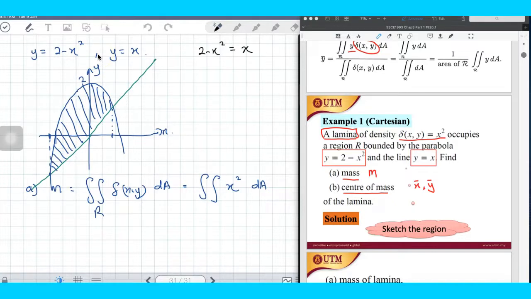Okay, so now we can transform into a quadratic equation where you have x squared plus x minus 2 equal to 0. So this can be written as x minus 1, x plus 2 equal to 0.